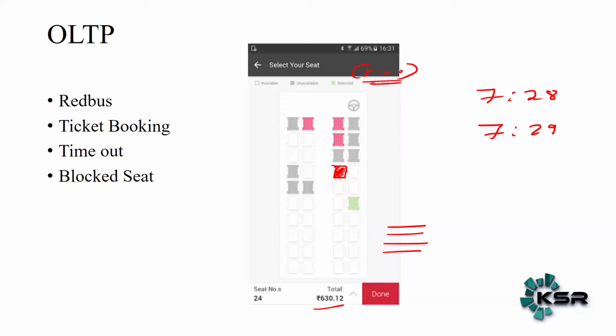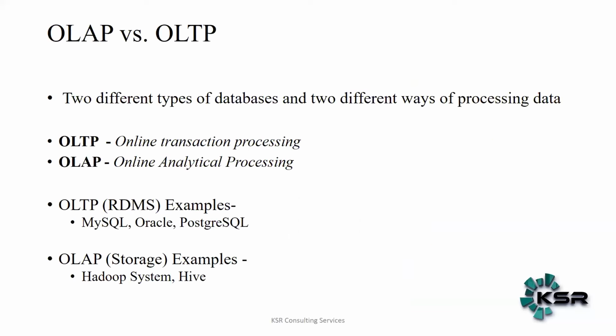Now, the transaction that is involved in this way, we call it online transactional processing, where immediate transactions are affected.